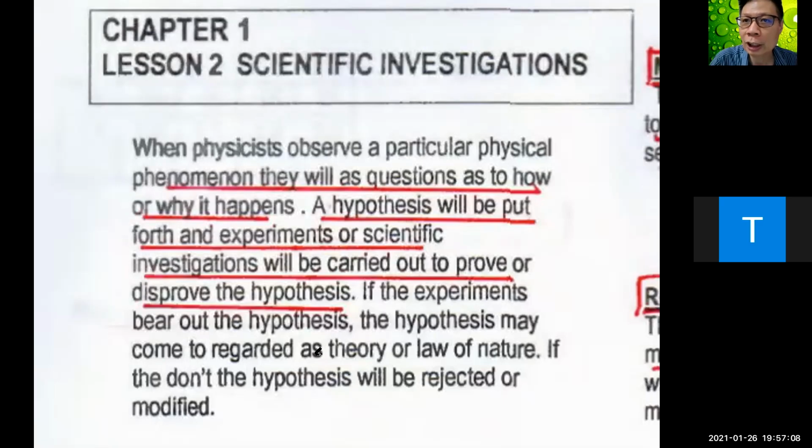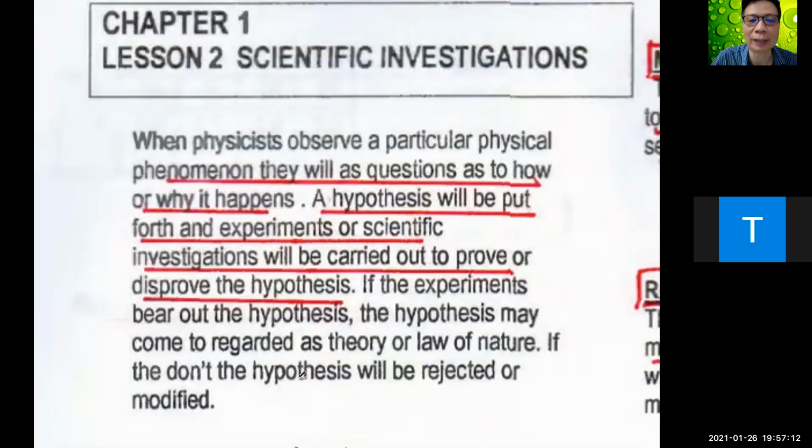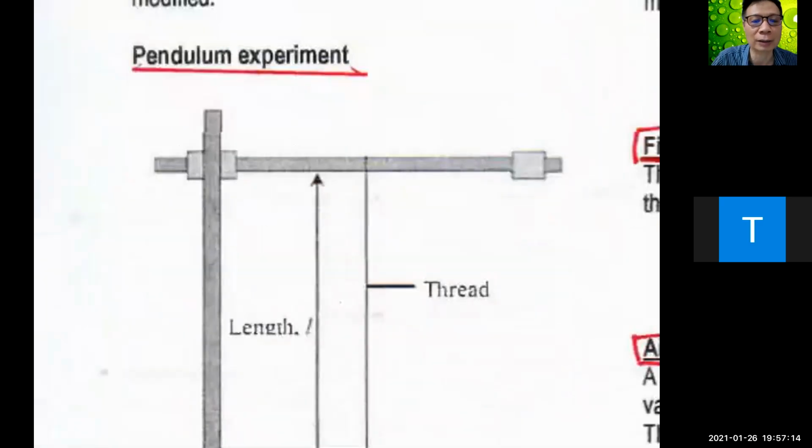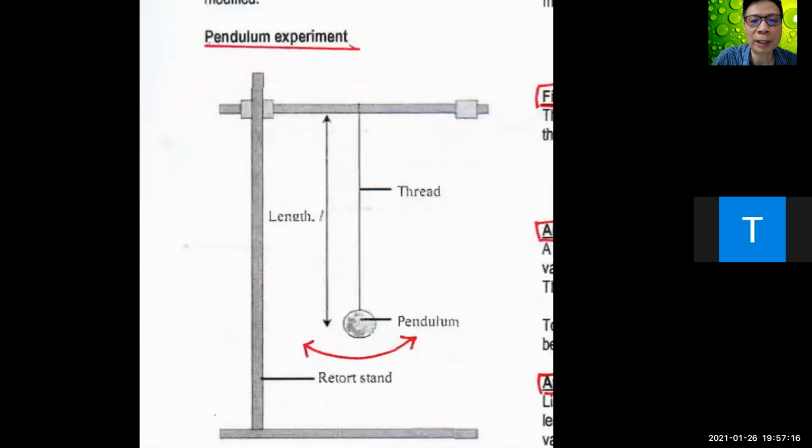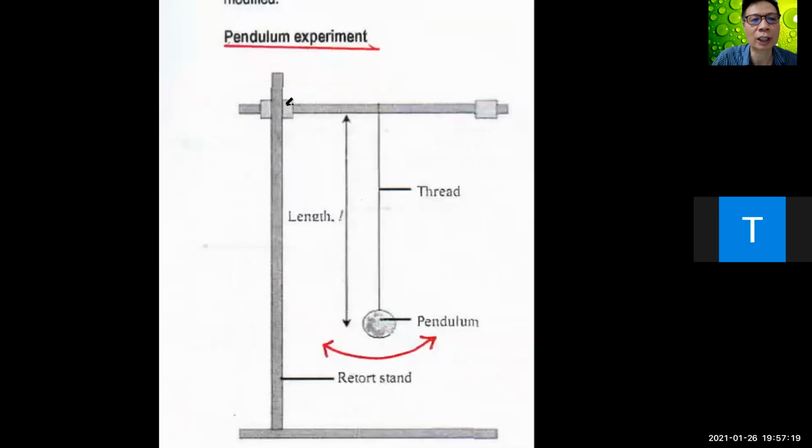Now in your syllabus, our first experiment is this one. The pendulum experiment, the swinging clock. In this experiment, you have a pendulum bob and the thread length.